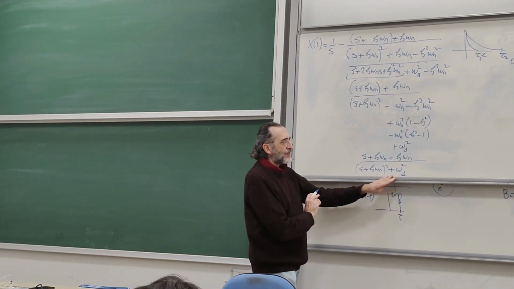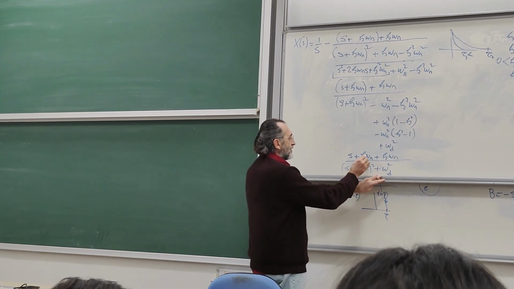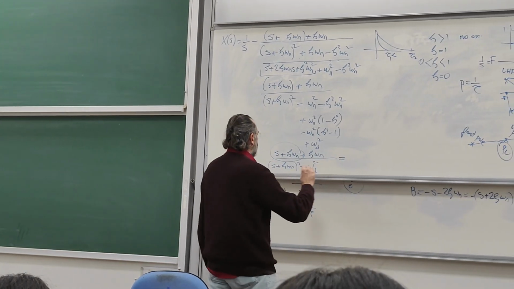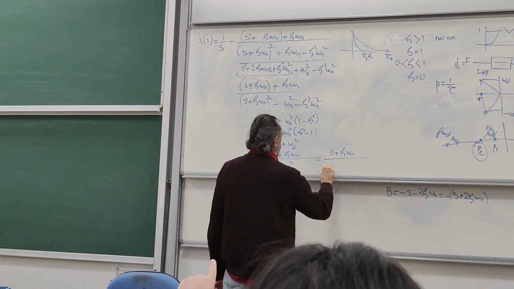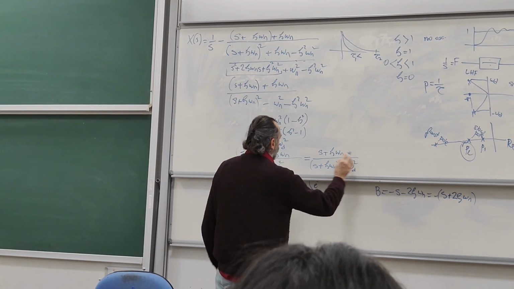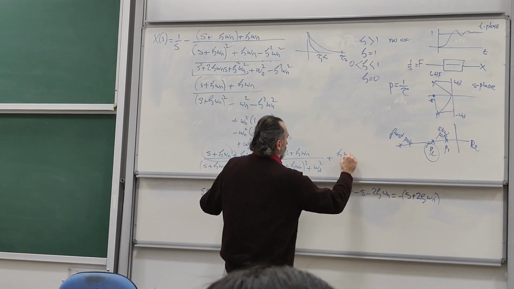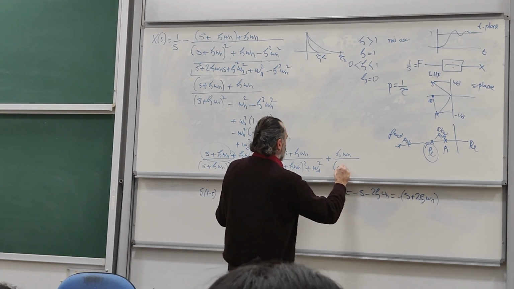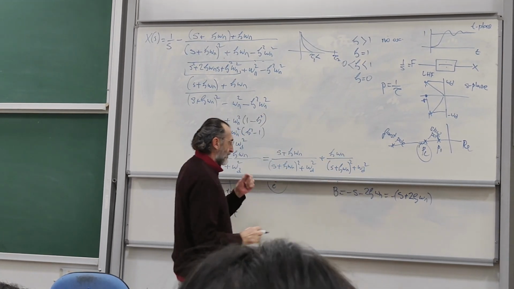This really looks like a cosine over here, if I had only this, so I'm going to split it in 2. s plus zeta omega n divided by s plus zeta omega n squared plus omega d squared, and then plus zeta omega n divided by the same s plus zeta omega n squared plus omega d squared.